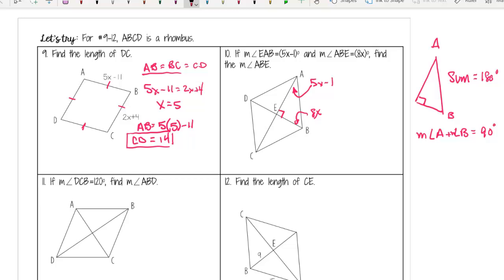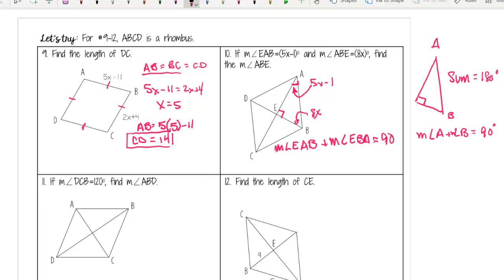So I can really take the measure of angle EAB and add that to the measure of angle EBA, and those will equal 90 degrees.